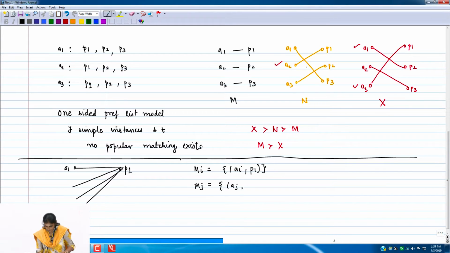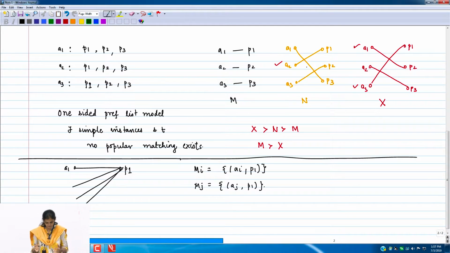So I just take MJ P1 and if I look at the vote table, then except for AI and AJ everybody is indifferent because they do not get matched in both of the matchings. AI votes for the matching MI, AJ votes for the matching MJ. And if you do this pairwise comparison between any two matchings, then no matching can be beaten by any other matching, right. So there are in fact n matchings which are popular in this instance.